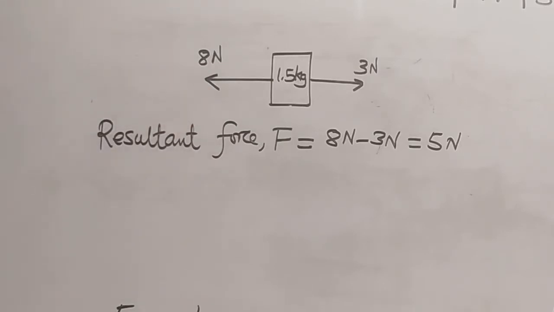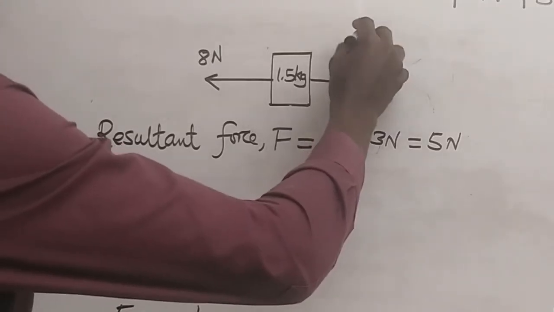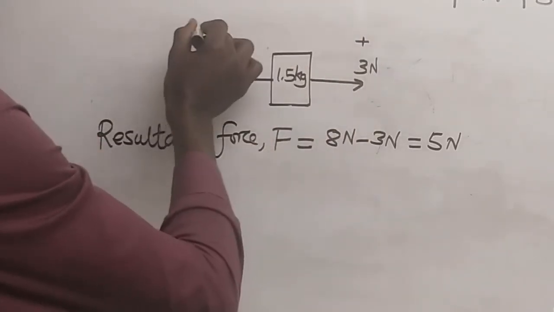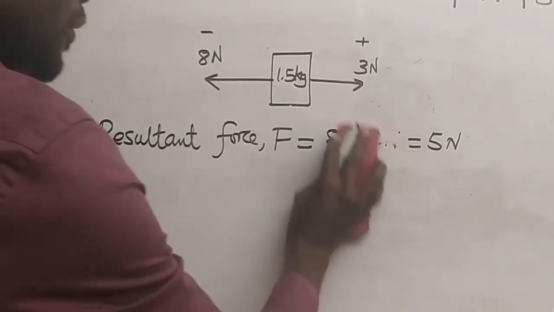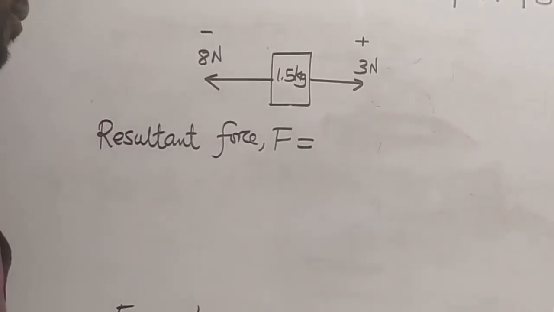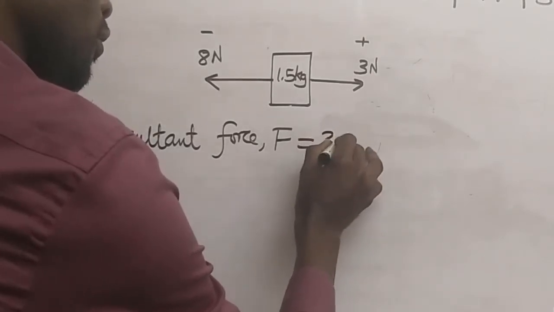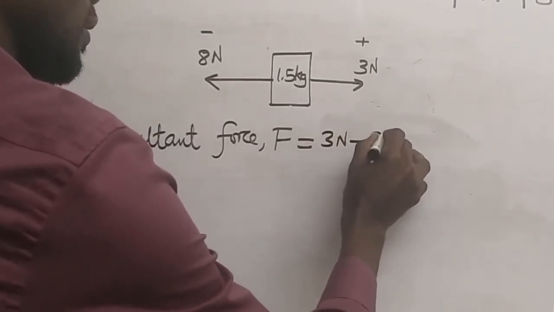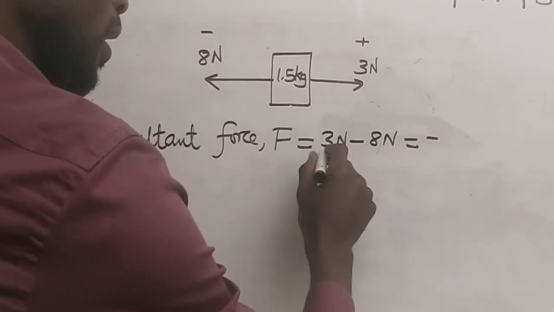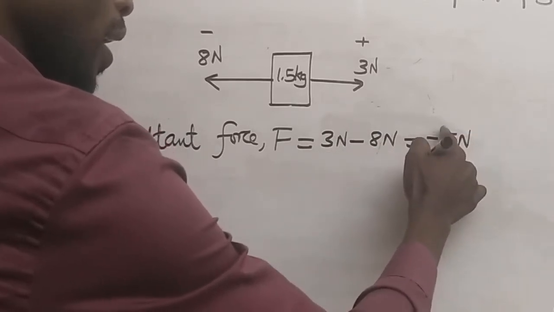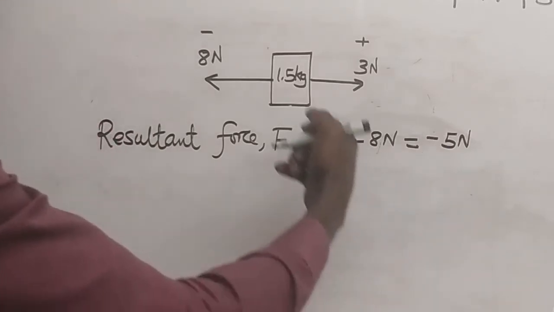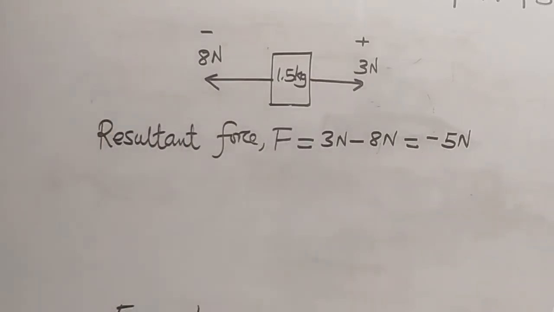But if you are to follow the conventional way, where the ones that act to the right are positive and those acting to the left are negative, then you will have this written as 3 newtons minus 8 newtons, giving us minus 5 newtons. This negative is just showing us that it is acting in this direction.